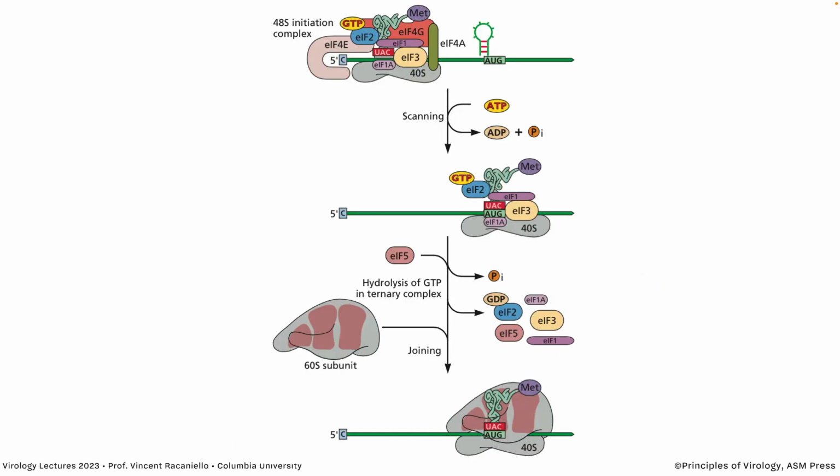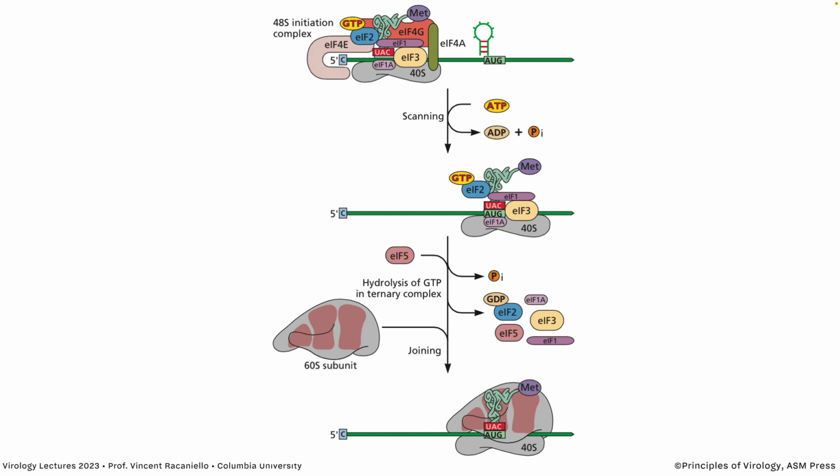And the way mRNA is translated, we need to know this before we proceed further. This is a very quick primer on how mRNAs are translated. We have an mRNA at the top. There's a cap at the 5' end, and there's an AUG codon that specifies initiation of protein synthesis.